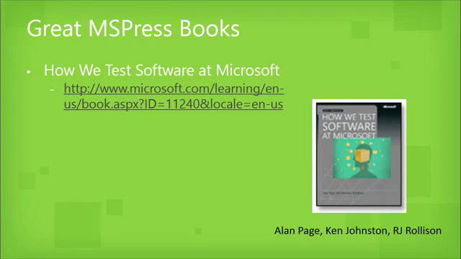So at this point in time, I want to take a quick moment to talk about a very important MS Press book that was developed by Alan Page, Ken Johnson, and R.J. Rolson. It's how we test software at Microsoft. Whether you are new at software testing or you're a seasoned tester, having a book developed by Alan Page and R.J. Rolson is very beneficial.